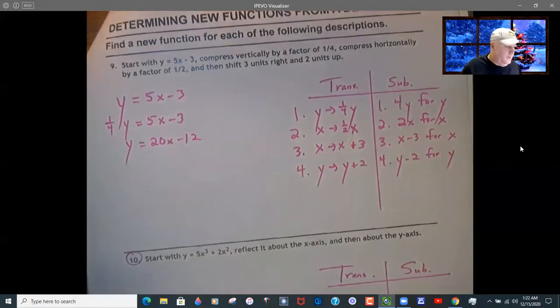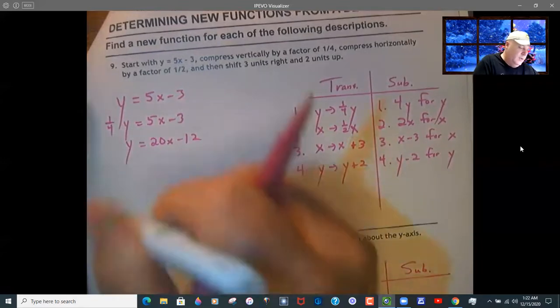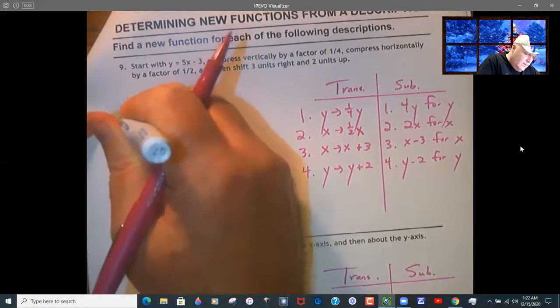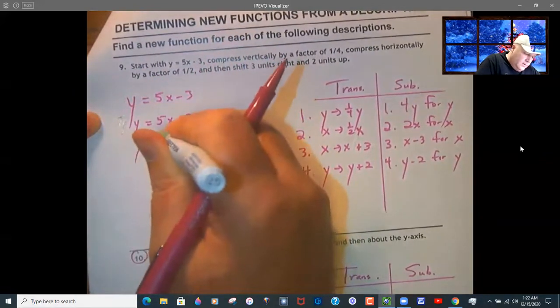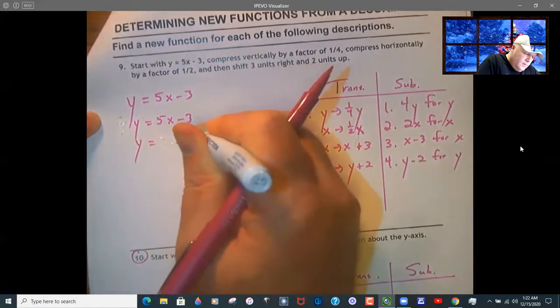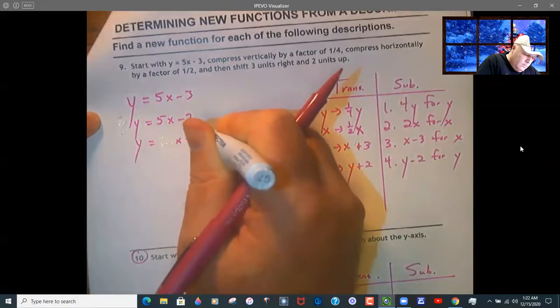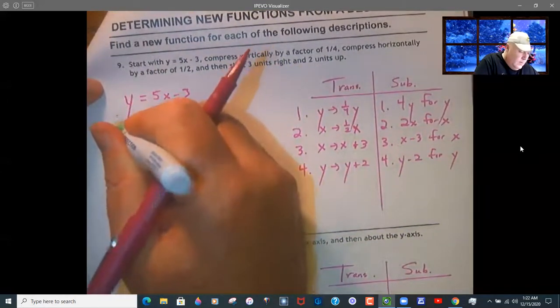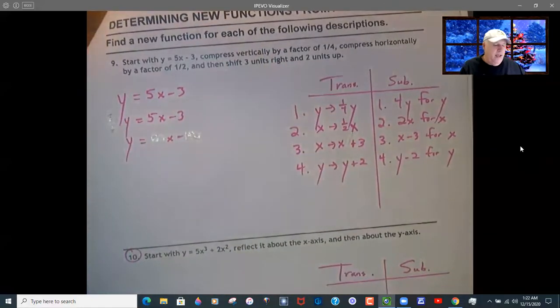Sorry. This is what I get for working too quickly. This needs to be 4, and so that changes these coefficients to fractions. So 4y goes in for y.